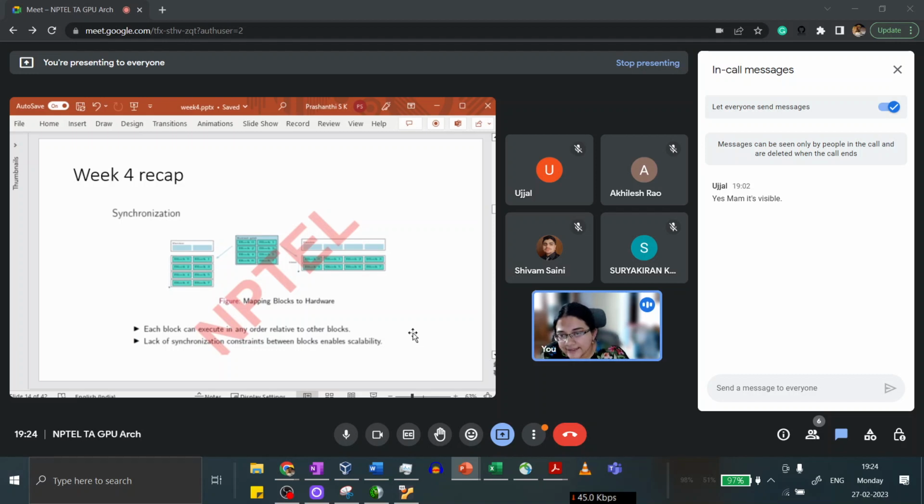So why is this important? As a programmer, when you write GPU code, you should be aware of assumptions like this. If you write your program assuming that blocks will execute in a certain order, then that's wrong, because as a programmer you are not given that guarantee by the scheduler. The scheduler says that it's going to execute in any order it wants. So that's important to know.